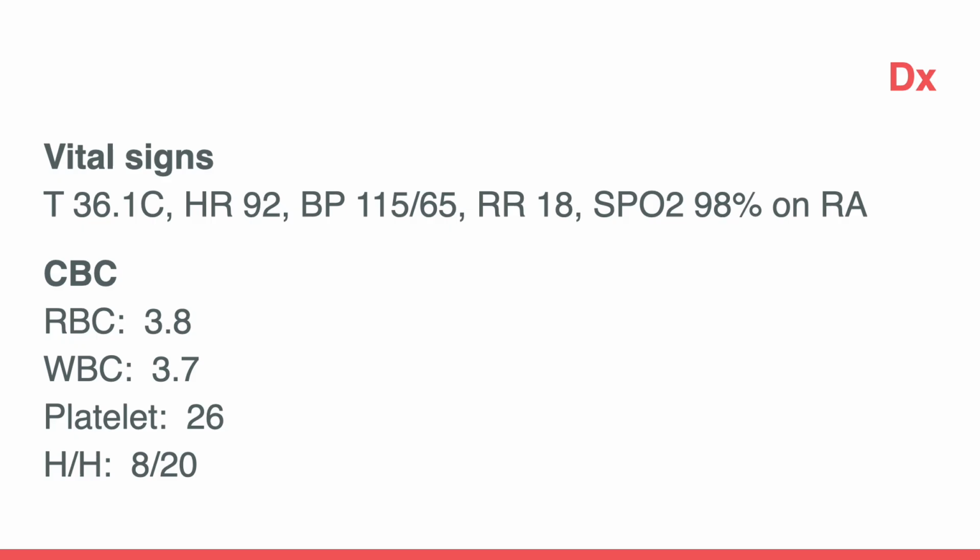However, the proportion will be significant compared to the other blood component values. The platelet is 26,000, which is very, very, very low. But then we look at the RBC, WBC, H&H. They're concerning, but she's not needing a blood transfusion for those. So proportionally, the platelets are very significantly low compared to the other blood components.